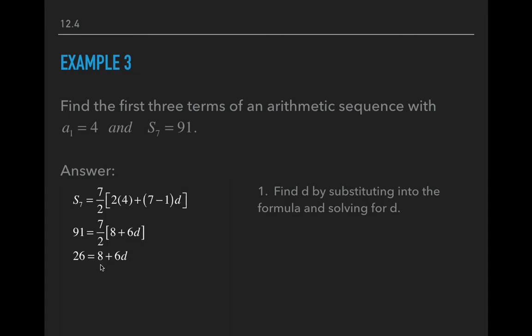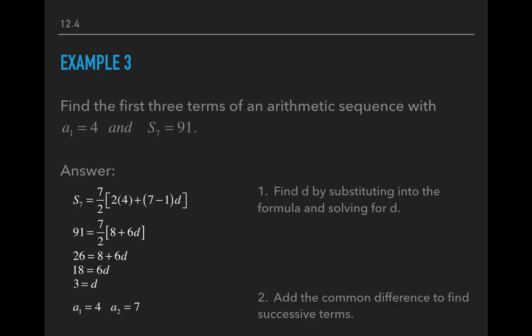And then we're going to keep going here. We will go ahead and subtract 8. That gives us 18. Divide by 6, and that gives us 3. The common difference here is 3, which means to find the next terms, we're just going to add that common difference. a1 is 4. a2 would be 3 more than that, which is 7. And a3 is going to be 3 more than the previous, which will give us 10.